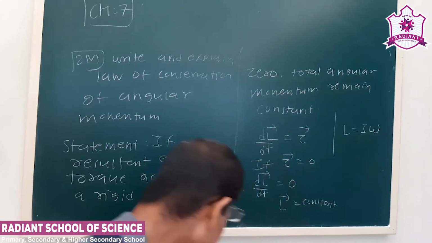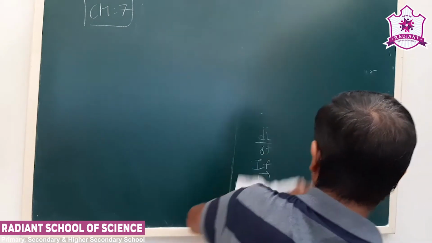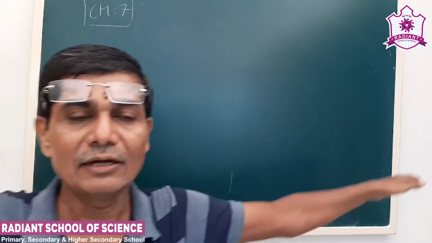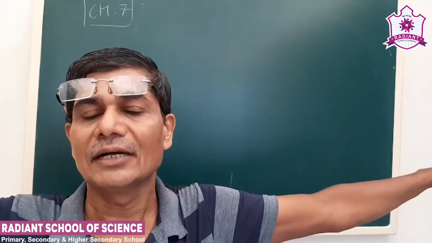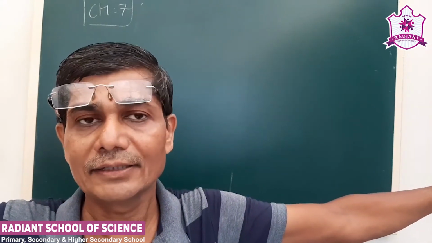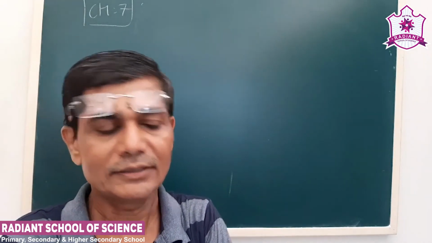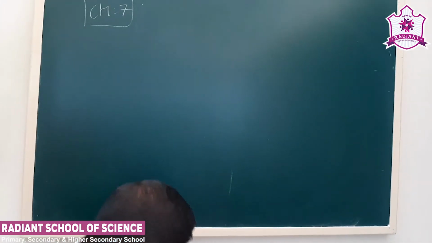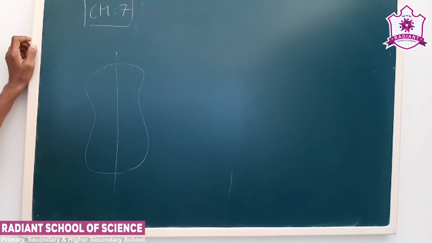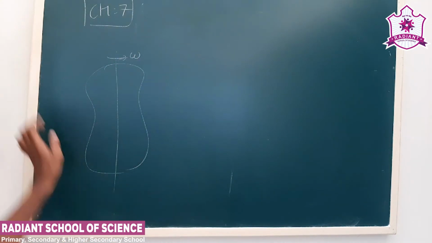Another example in our day-to-day life of the law of conservation of angular momentum: all of us have seen skaters. When they unfold their hands like this, their angular velocity decreases, and when they fold their hands like this, their angular speed increases. Why? Because this is a classical case of the law of conservation of angular momentum. This is the axis of rotation.